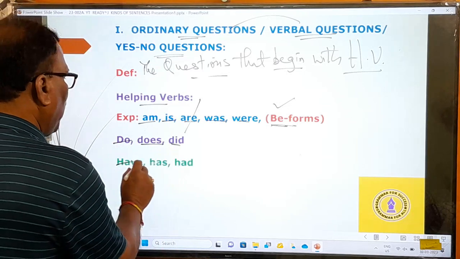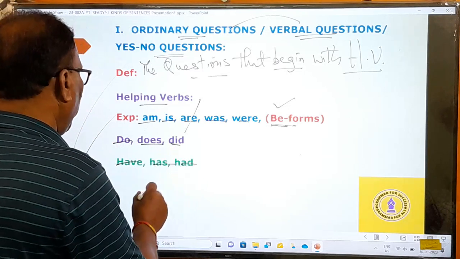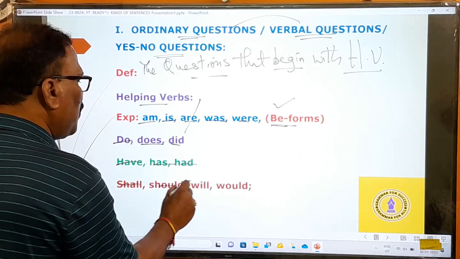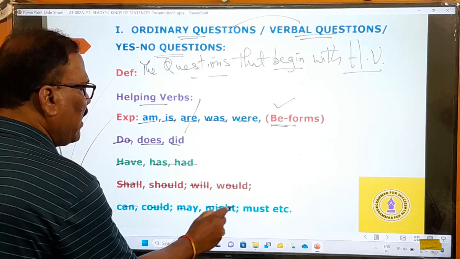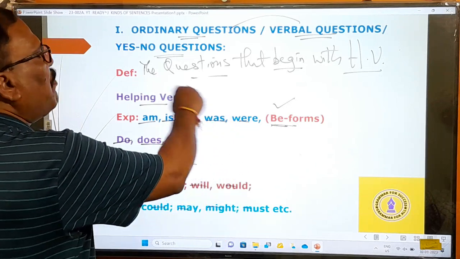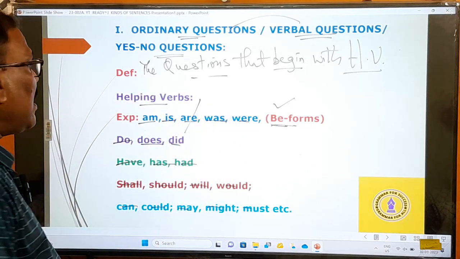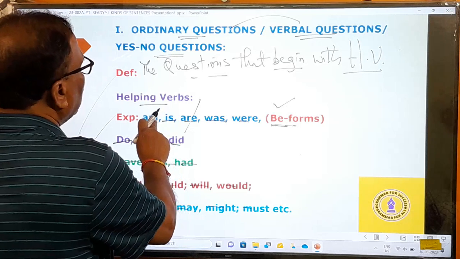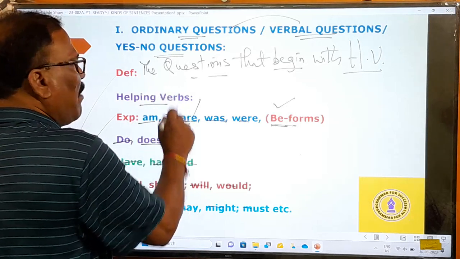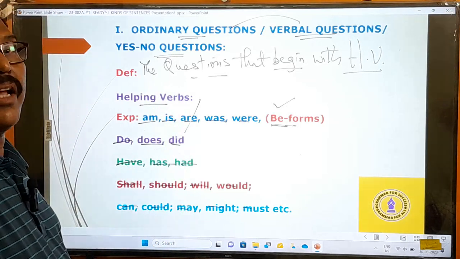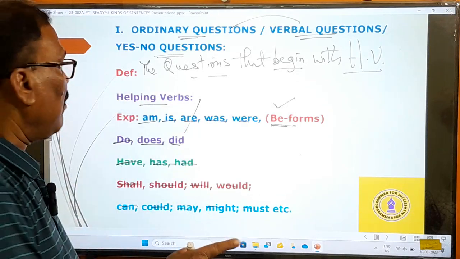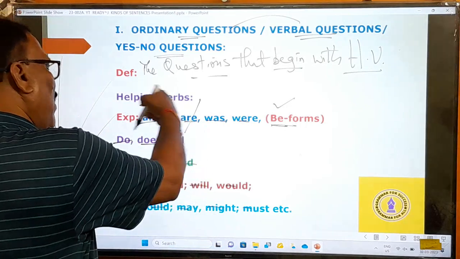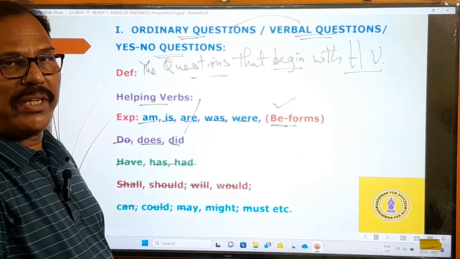And then comes have, has, had, these are also helping verbs. And then comes shall, should, will, would. Then comes can, could, may, might, must. So these are all helping verbs. Remember, any question that begins with any one of them is called an ordinary question.